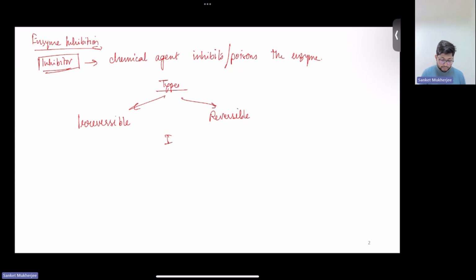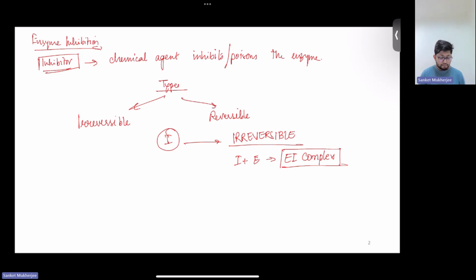So if an inhibitor, let's say I, is irreversible, it forms the enzyme inhibitor complex, and this enzyme inhibitor complex is a stable complex. Whereas if it is reversible, it forms an enzyme inhibitor complex which can be reversed, right?